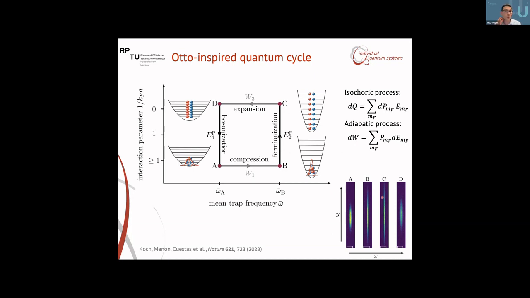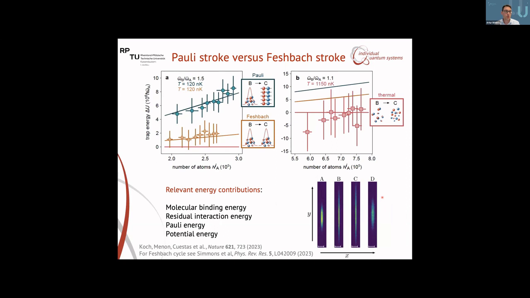And I have to show now that this indeed has something to do with quantum statistics, that it's really a quantum statistics effect. And to do this, we look at the trap energy. That means how much energy the atoms, the cloud, the many-body system gain in the trap potential. And that is shown here. So there are many relevant energy contributions.